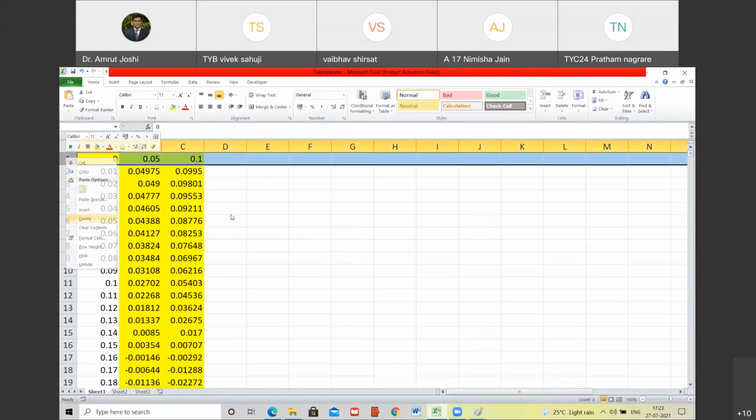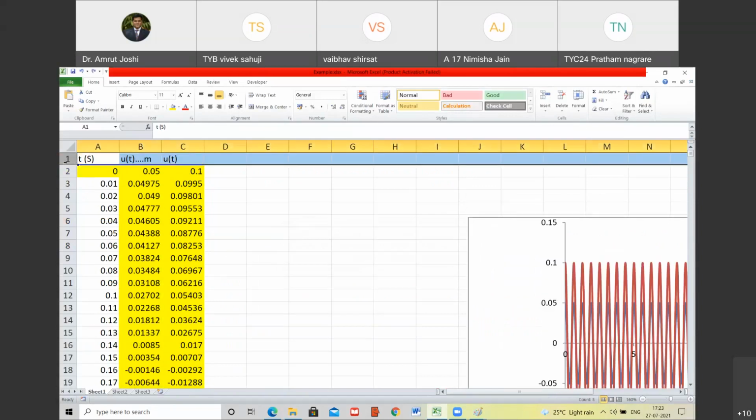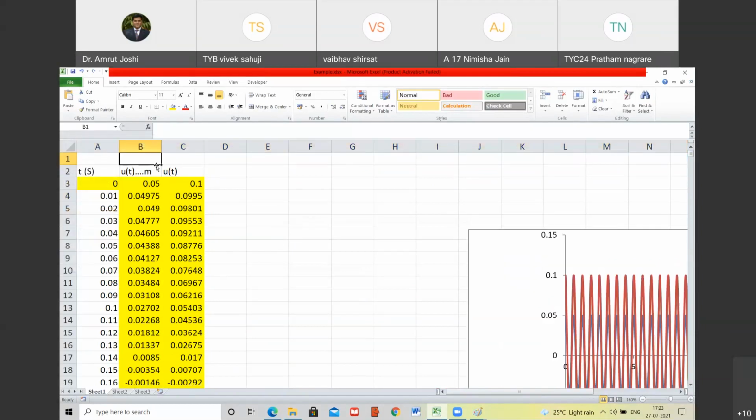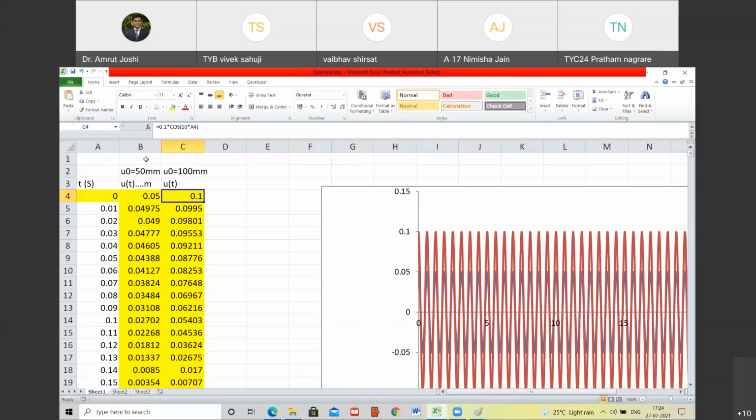So now what I'm going to do is insert a row. Here we had a condition u0 equal to 50 mm, and this is the solution for that. Here we had a condition where u0 is equal to 100 mm. That means this is the solution for the undamped system. Damping was 0, so c was 0, so I am going to write that as well.